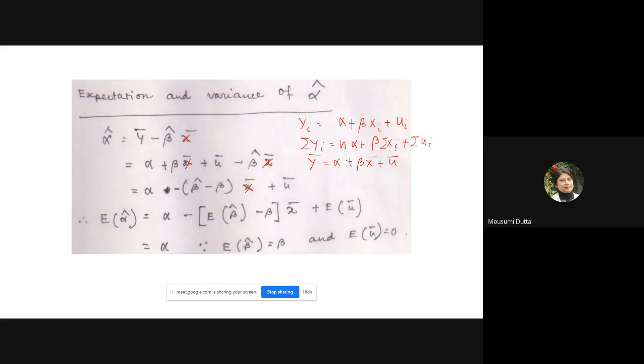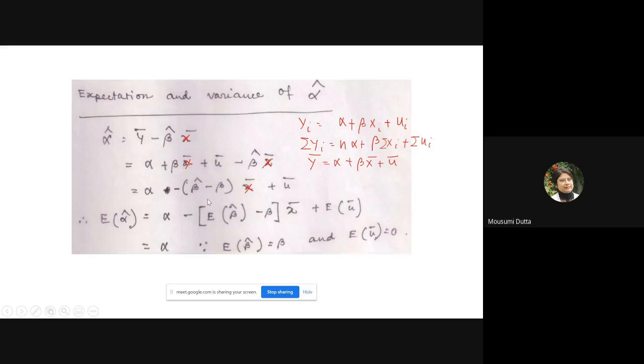So y bar is equal to alpha plus beta x bar plus u bar. So here I am using, in place of y bar, alpha plus beta x bar plus u bar, minus beta hat x bar which is already there. In the next step, I am taking x bar common. So alpha minus (beta hat minus beta) x bar plus u bar.